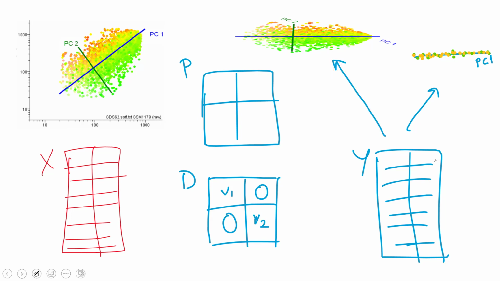Here is the important part. Because we have rearranged the principal components so that the one with the largest variance comes first, we know that the first column of Y contains the values of the points along the highest spread. So if we threw away the second column of Y, we would not lose much information.